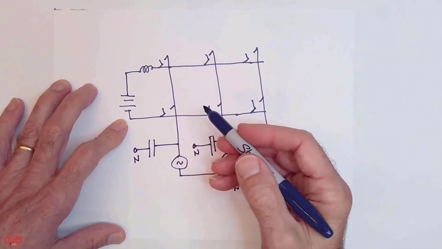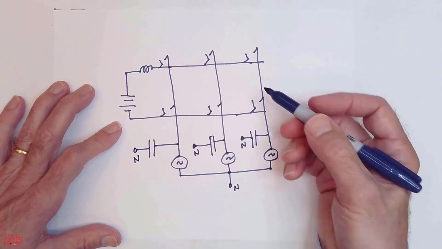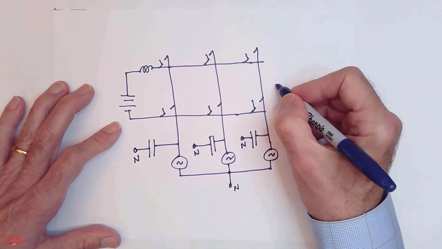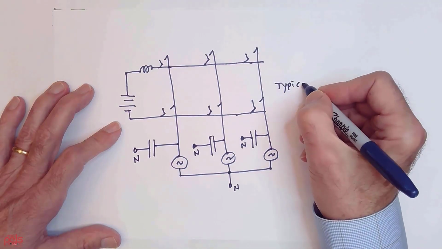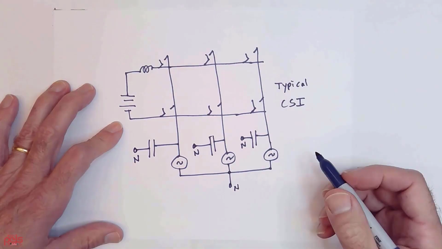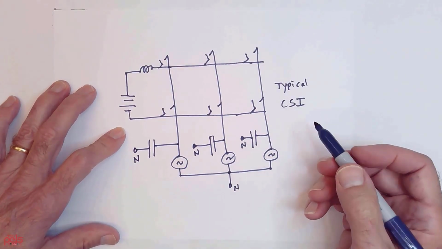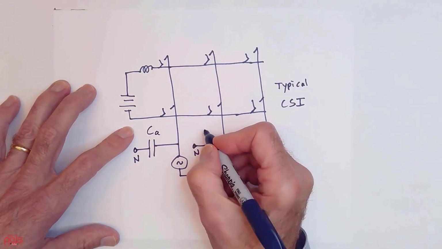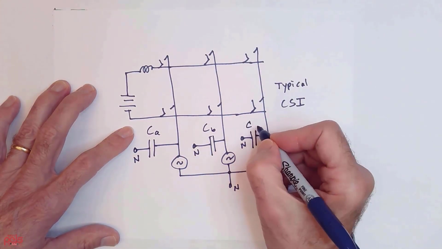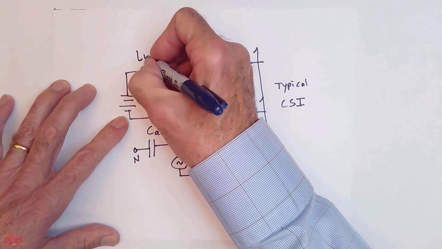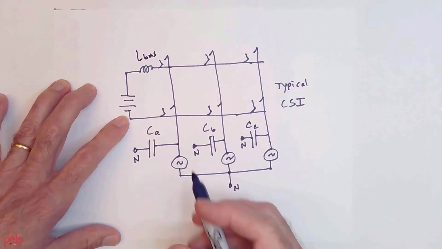So here I have something that's really pretty much the dual of what we saw before. So this is a very typical three-phase current source inverter. And no, that's not a TV show. It's a current source inverter. So I have to design the capacitance values to do the filtering job. I have to design this bus inductor value and so forth.